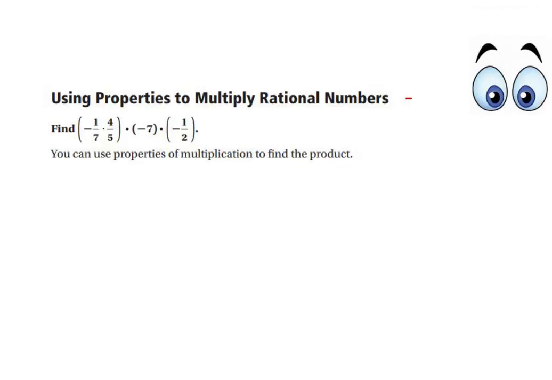So let's just watch this example because there's going to be a whole bunch of properties that we can use here. Okay? Let's just take a look first and notice a few things. I notice that I have negative 1/7 and I have negative 7. So that's telling me that I'm going to want to reorder these because I know already that negative 1/7 and negative 7, those are going to be reciprocals.